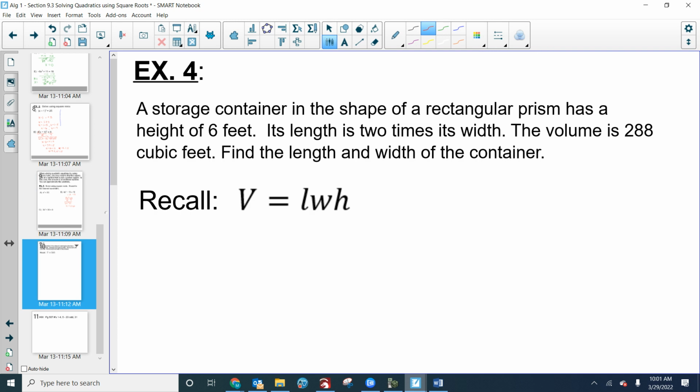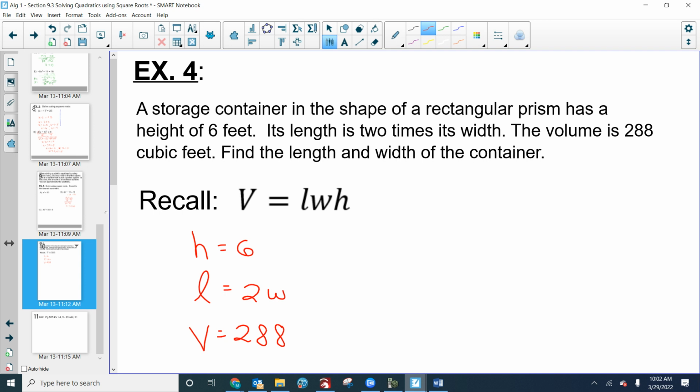All right. A storage container in the shape of a rectangular prism has a height of 6 feet. Its length is 2 times its width. L equals 2W. Do you agree with that? The volume is 288. Find the length and the width of the container.